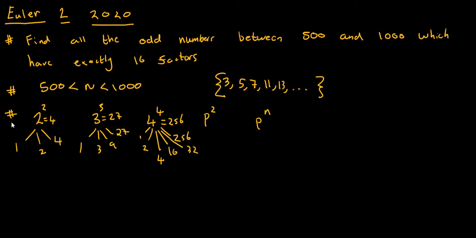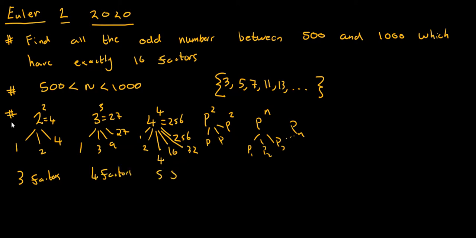Okay, so for p squared we've got 1, p, and p squared as factors, and p to the n has 1, p, p squared, p cubed, up to p to the n. So we've got 3 factors here, 4 factors, 5 factors.